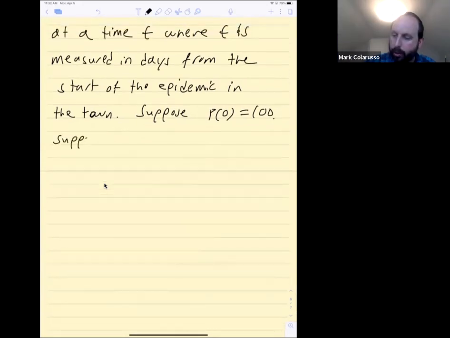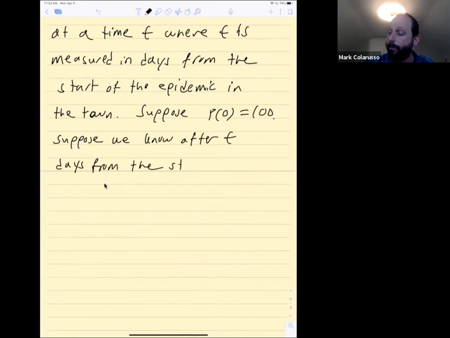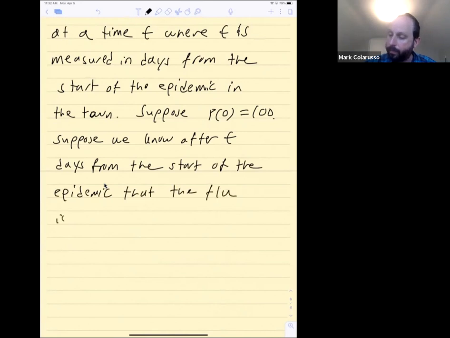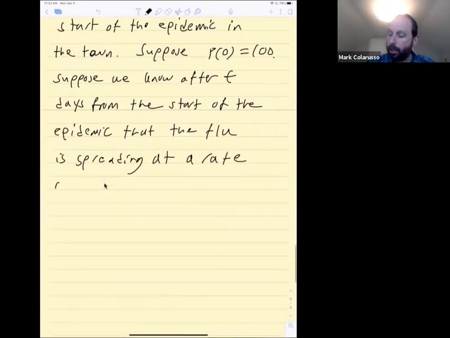Suppose we know after t days from the start of the epidemic that the flu is spreading at a rate of P prime at t equals 120t minus 3t squared people per day.